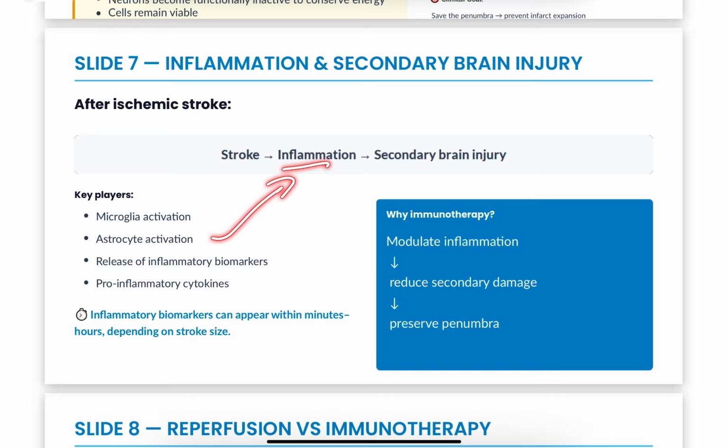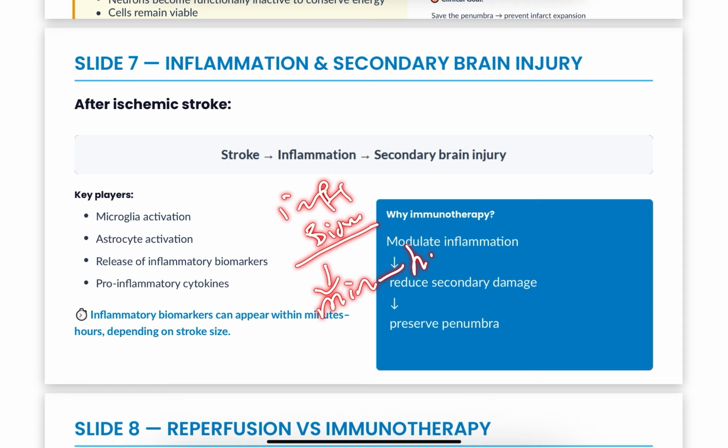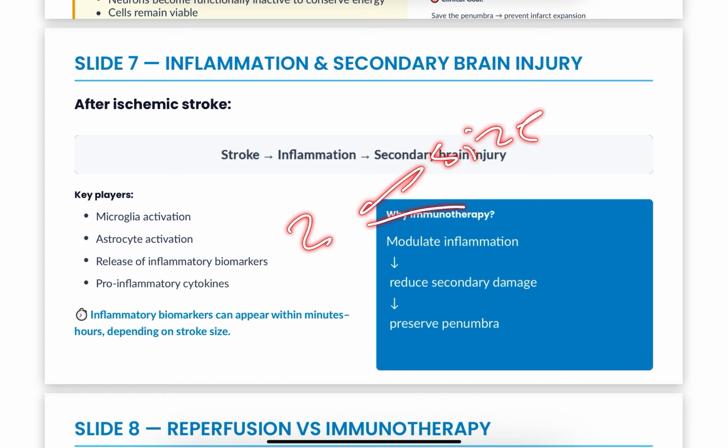The inflammatory biomarkers will appear within minutes to hours, depending on the size and the severity of the stroke.